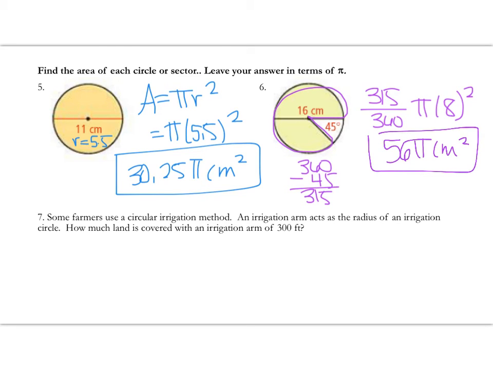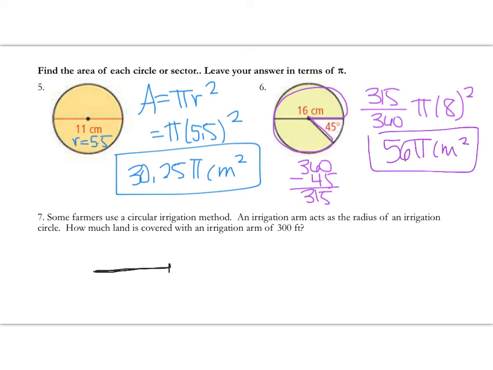Okay? The last problem is another word problem where you have to think about what it is asking you to find. So if you look at 7, it says some farmers use a circular irrigation method. An irrigation arm acts as a radius of an irrigation circle. How much land is covered with an irrigation arm of 300 feet? So what this is looking like is here we have this arm that would be spraying out water.